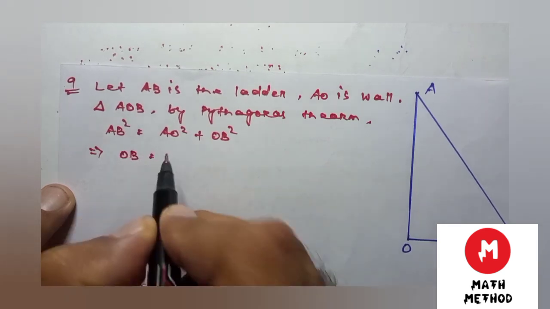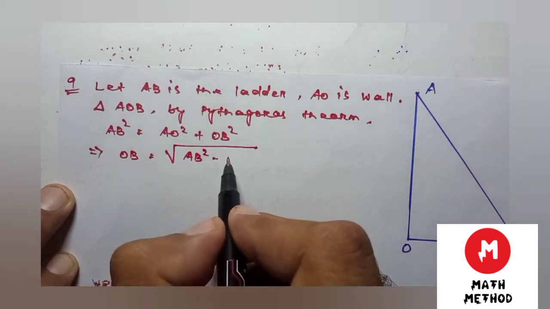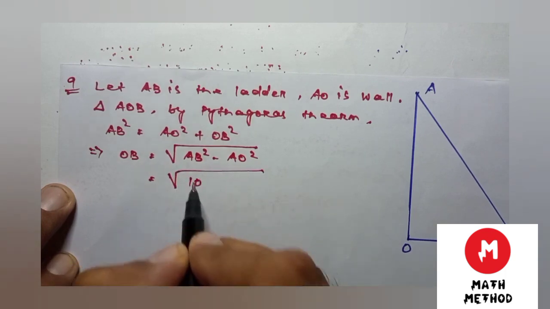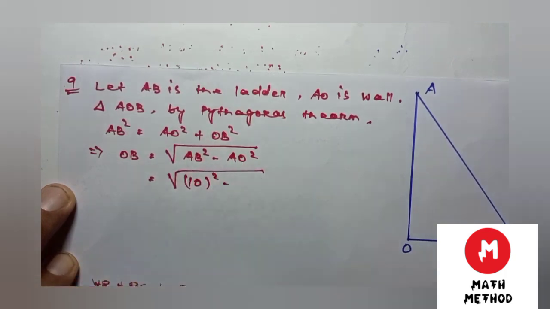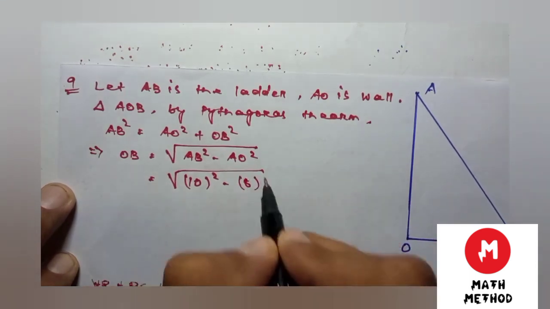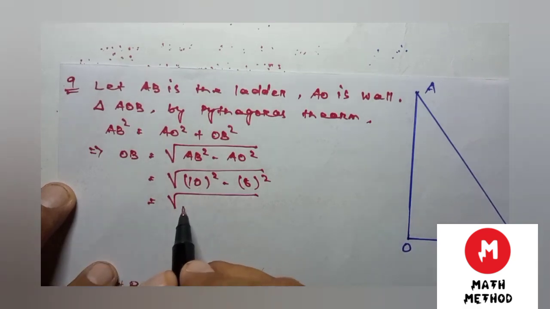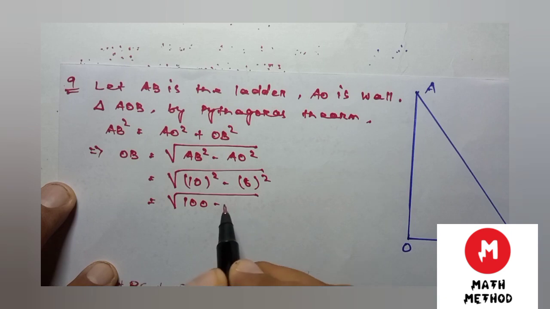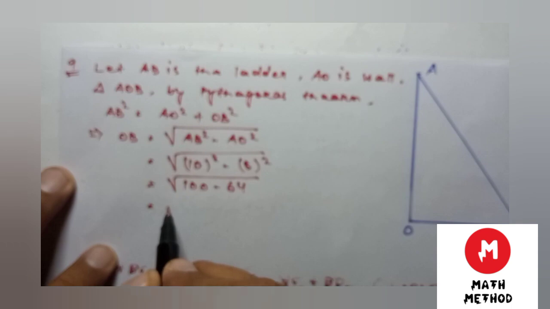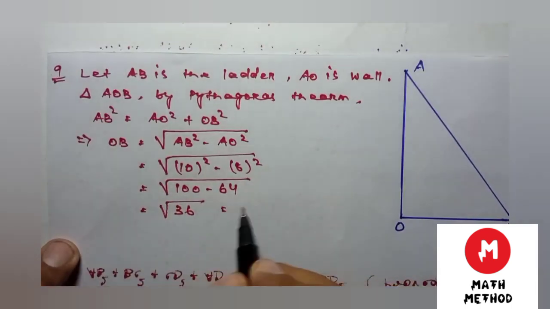So OB is equal to root over AB square minus AO square, equal to, here AB is our 10, so 10 whole square minus AO, our wall, which is given as 8, so equals root over square of 10 is 100 minus square of 8 is 64, which is equal to root over 36, equal to 6.